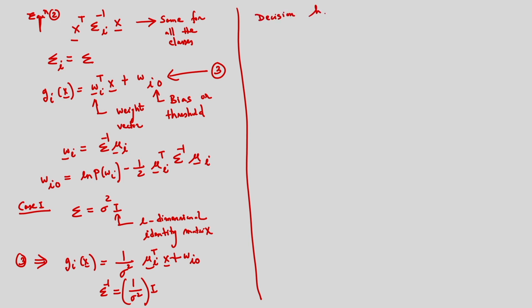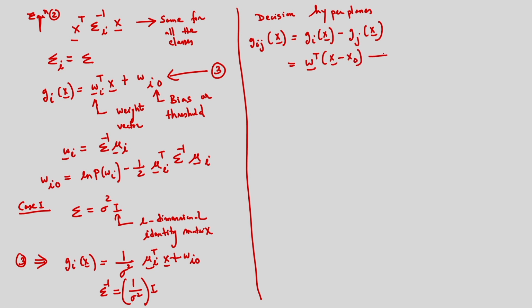The decision hyperplanes will be gij(x) equal to gi(x) minus gj(x). So that is nothing but w transpose (x minus x naught).